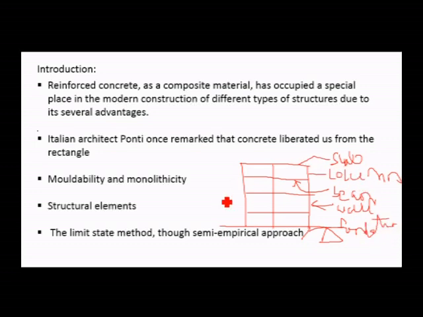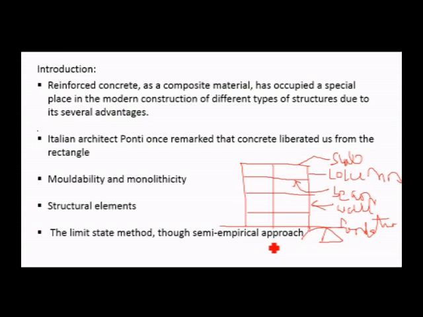There are many structural elements which need to be designed, and the limit state method has become an important procedure to be followed at the time of designing a reinforced concrete structure.